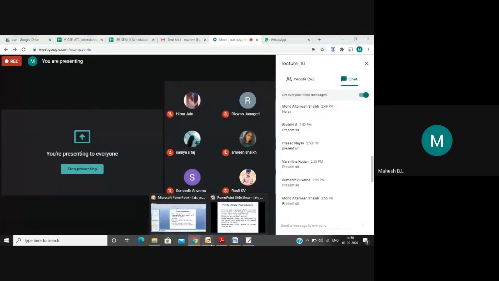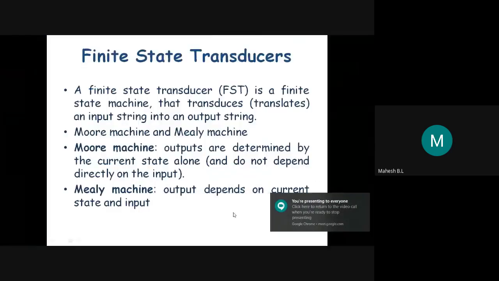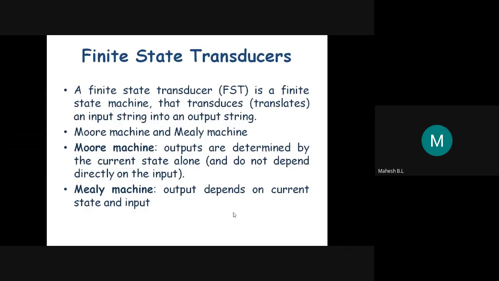So now, we'll consider something called a finite state transducer.